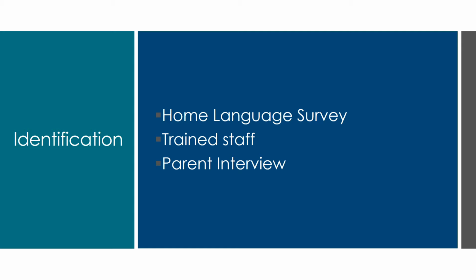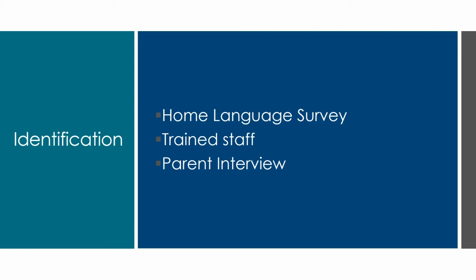We also need to make sure that our staff has been trained, because home language surveys are given to all students. Since 1972, the Office for Civil Rights requires every district, every LEA, to implement a home language survey. It's actually part of providing access to education to all children.